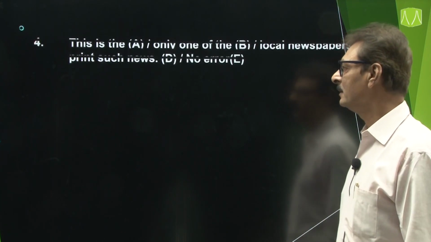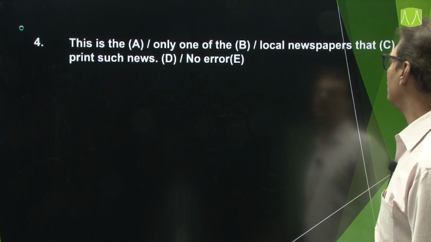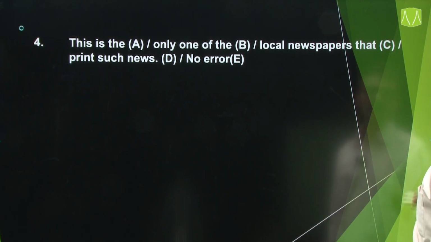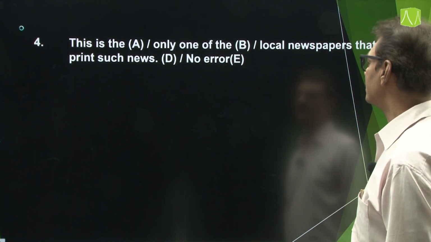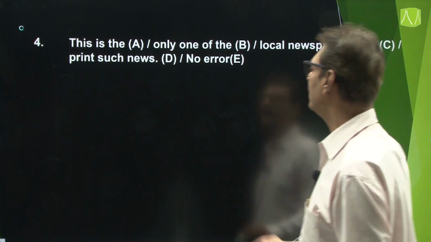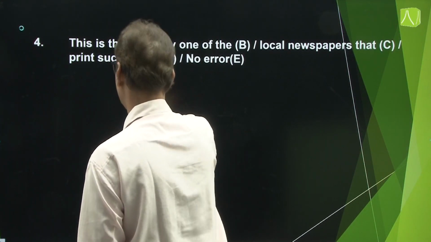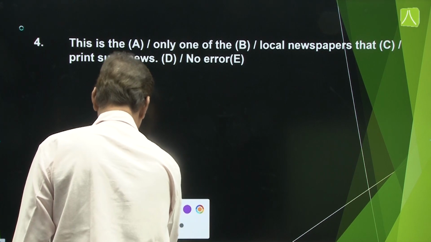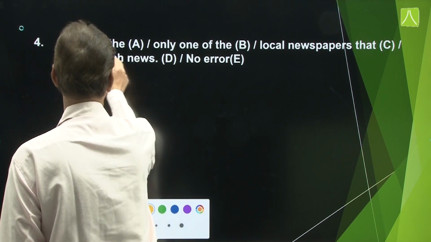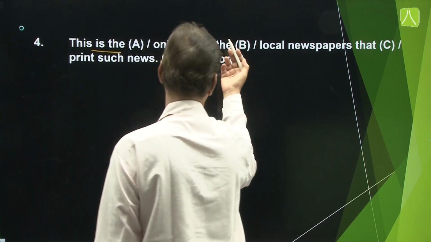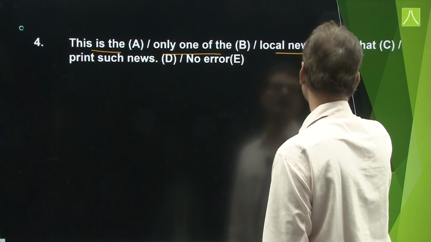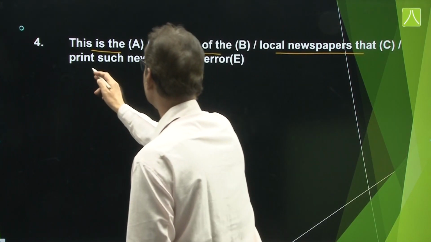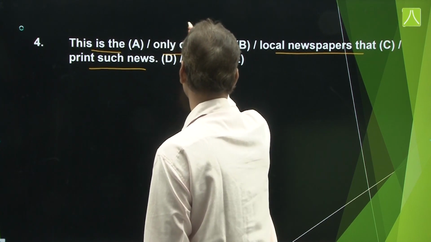Next, this is the only one of the local newspapers that print such news. This is the only, no error in this part. Yes, there is no error in this part. Only one of the, कोई error नहीं है. Local newspapers that, इसमें भी नहीं है. Print such news. Now हम बात किसकी कर रहे हैं?